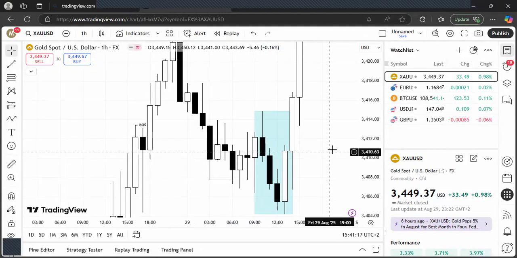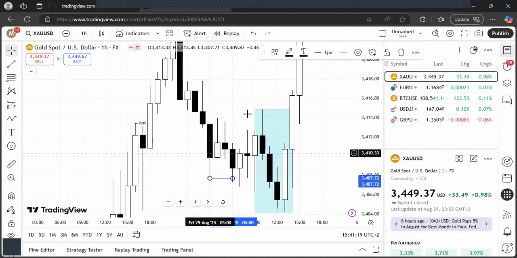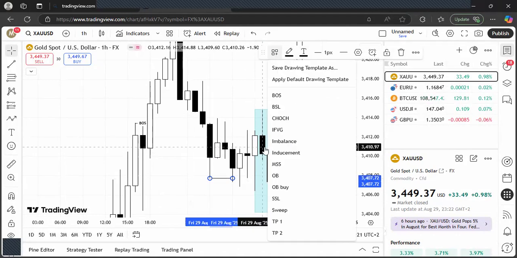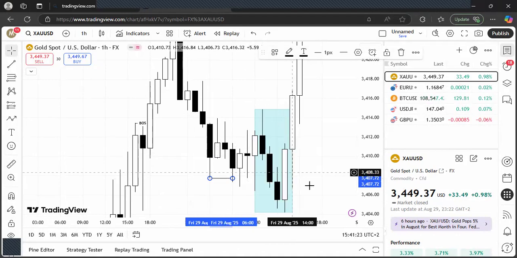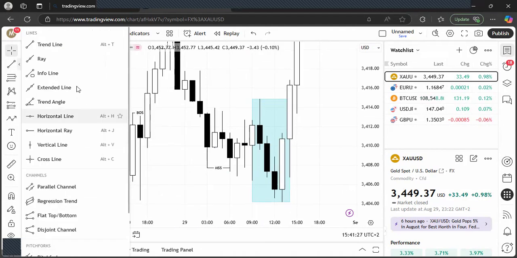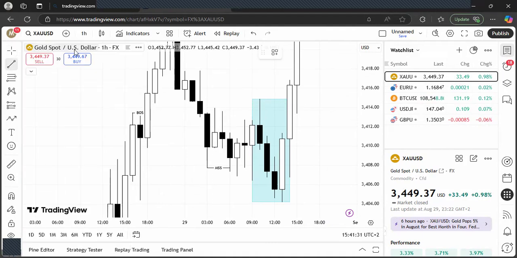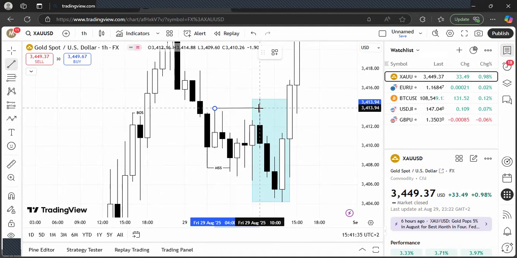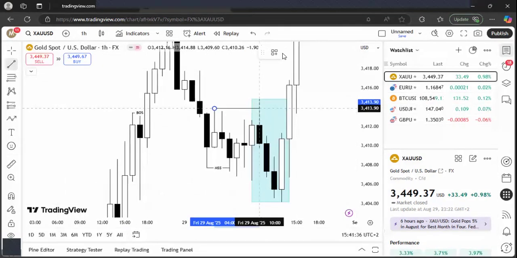Analyze what I see. So here we had our first market structure to the downside, and this was the high that caused the market structure to the downside.